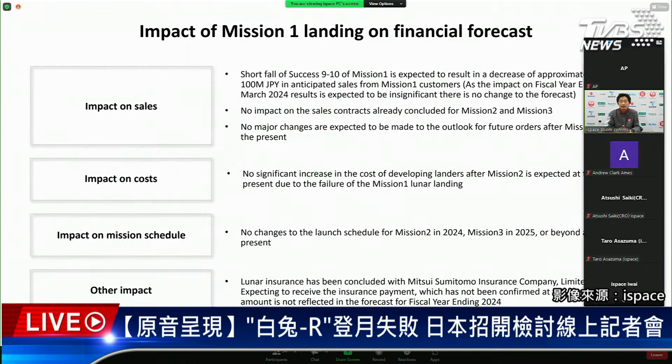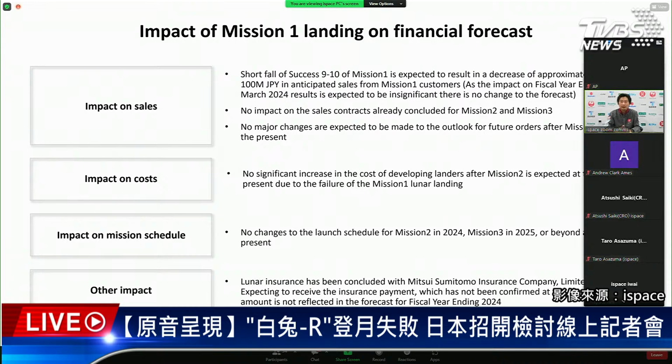Next is the impact on the financial side. As we provided the expected financial impact a couple of weeks ago during the financial report, the situation hasn't changed even after the detailed analysis of the Mission 1 result.